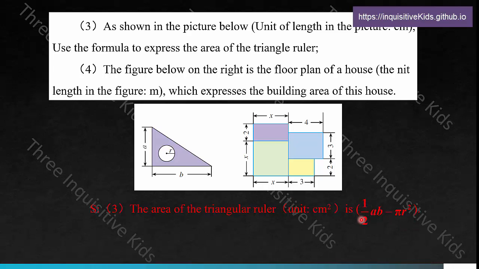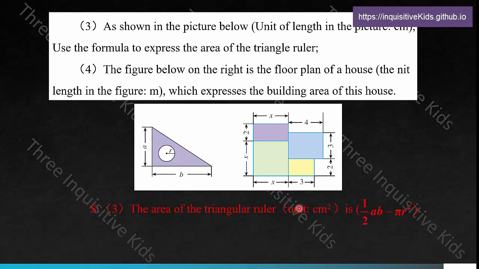So our formula is going to be 1/2 AB minus pi r squared. And remember, when we are asked to use a formula to express the area of something, you can go back to when you were just learning the formula of how to find the area. And then remember, you can always use variables to express it.